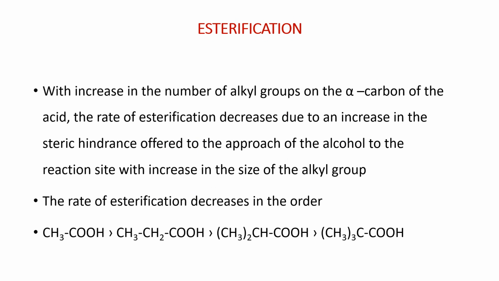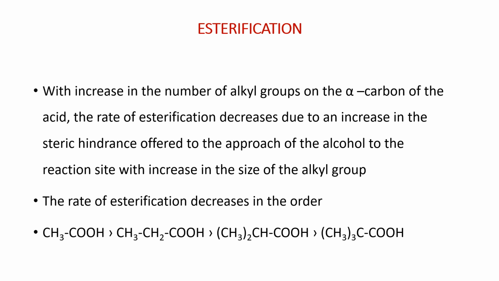With increase in the number of alkyl groups on the alpha carbon of the acid, the rate of esterification decreases due to an increase in the steric hindrance offered to the approach of the alcohol to the reaction site with increase in the size of the alkyl group.